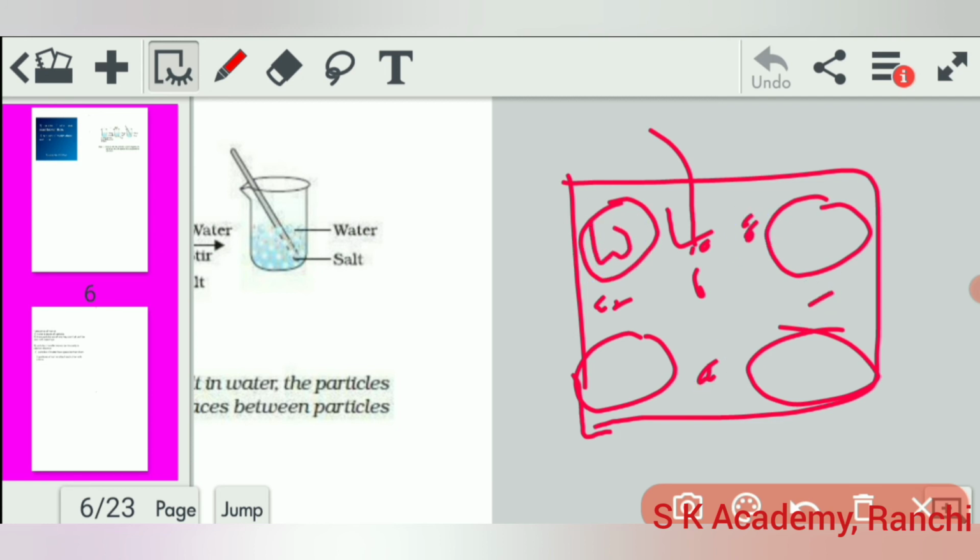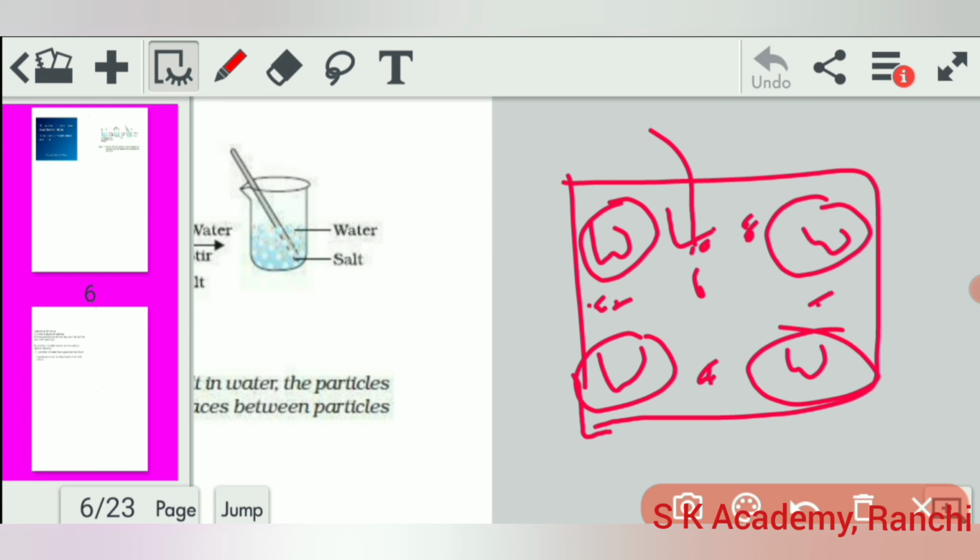Finally we are not able to see the salt particles.